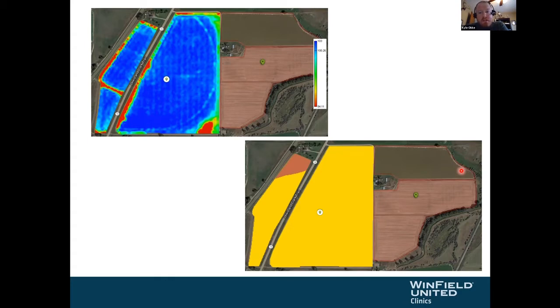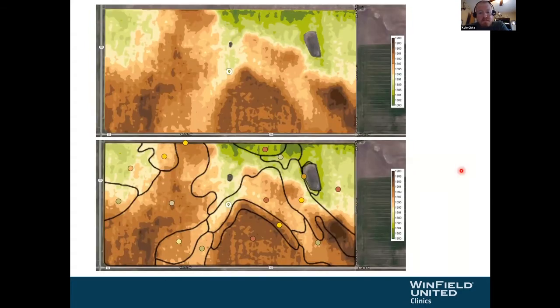There are other layers of information out there, things like elevation maps, and it helps uncover maybe why some of that variability is there. You guys might laugh because this is only maybe 30 feet of elevation difference, but for central North Dakota, it does make a difference on some of the productivity. Same thing, you can get aspect layers.